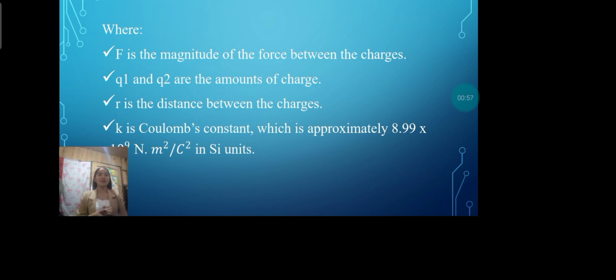F is the magnitude of the force between the charges, while Q1 and Q2 are the amounts of charge. R is the distance between the charges. K is the Coulomb constant, which is approximately 8.99 times 10 to the power of 9 newton meter squared per coulomb squared, in SI units.